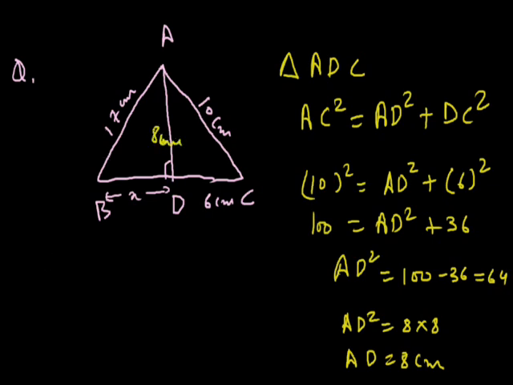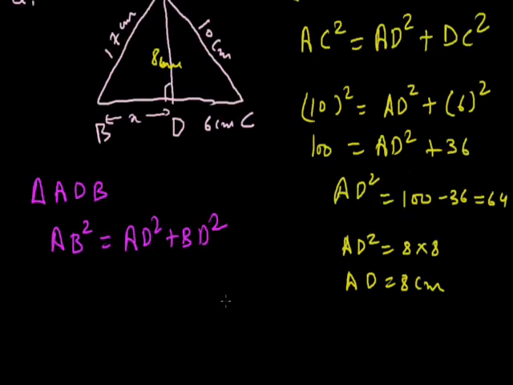Now we can apply the Pythagoras theorem in the other triangle, that is triangle ADB, to find the value of x. In this, the hypotenuse is AB, so AB square will be equals to AD square plus BD square. AB is 17 centimeter. So 17 square is equals to AD square, that is 8 square, plus BD, that is x square. So 289 is equals to 64 plus x square.